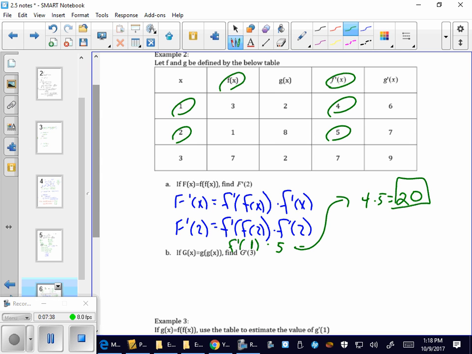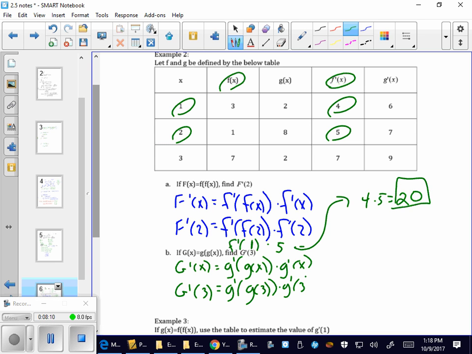G will not work out the same way. All right, so we're going to do g of x the same way. I'm probably going to have to scroll up and down here. Let's see if I can do this without scrolling. So we need g prime of x, which is little g prime of g of x times little g prime of x. And I want this at 3. So g prime at 3 is g prime of g of 3 times g prime of 3.